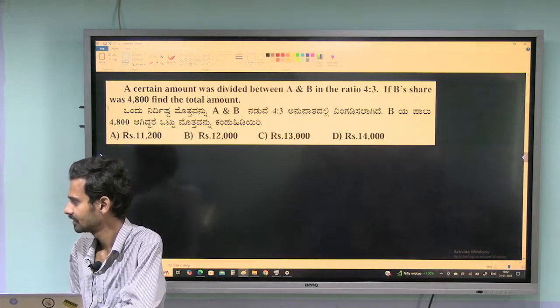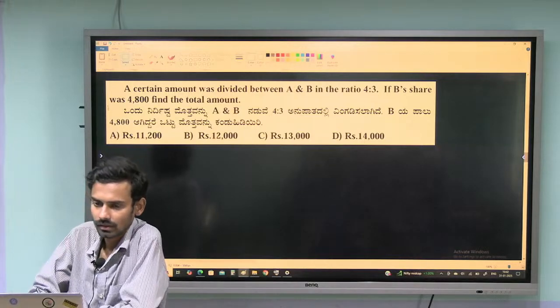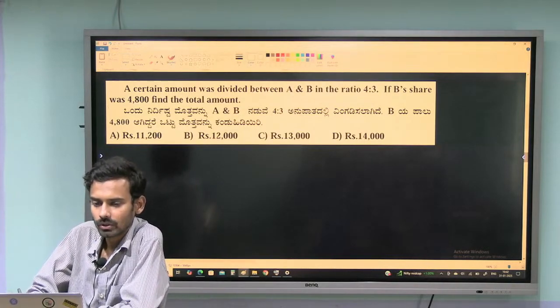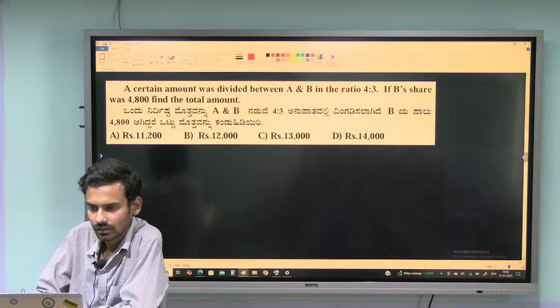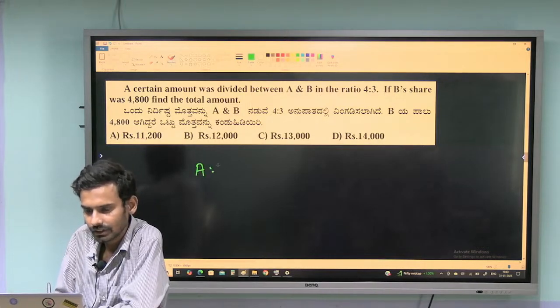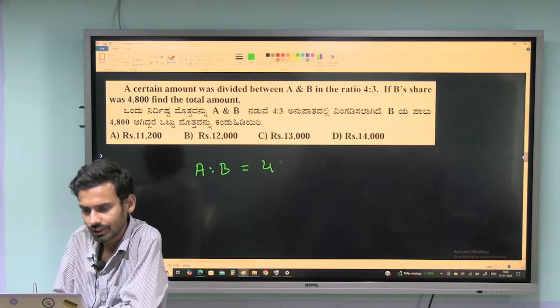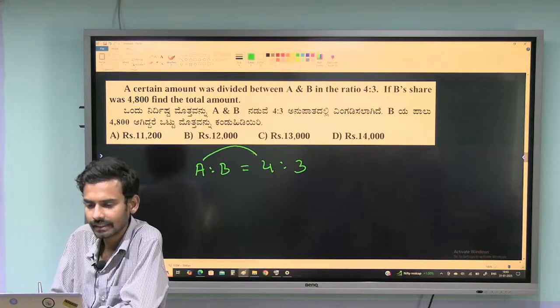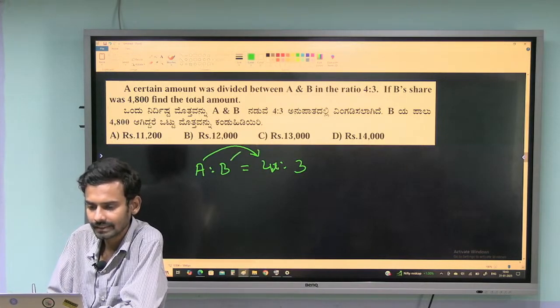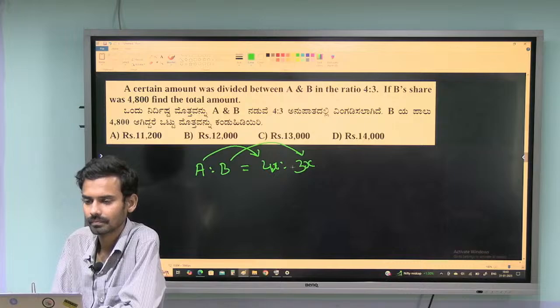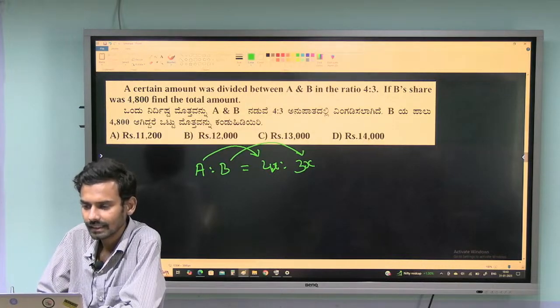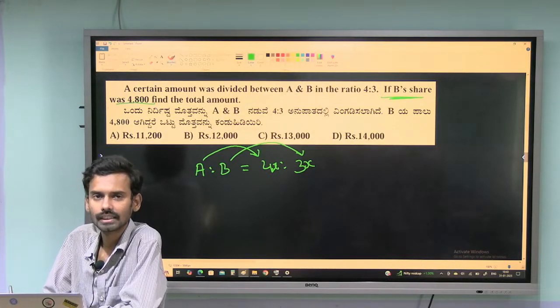How will you do this? So amount was divided among A and B. So let me take A is to B is equal to 4:3. Now A is getting 4x, B is getting 3x. Is it so? Now the question is saying B share was 4,800.